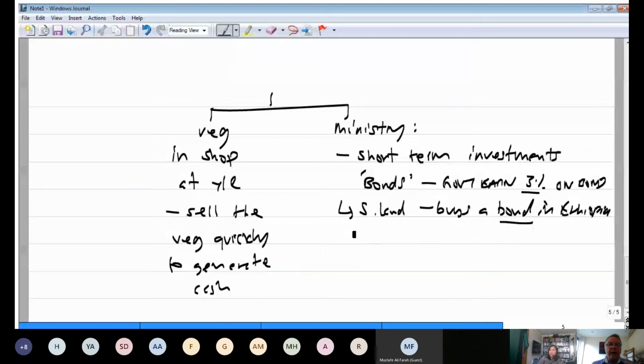And that's when the Somali government are going to say, we're happy to do that as long as it's low risk and it's liquid. Same as your fruit and veg in your shop at year end. Can that bond be turned into cash very quickly?